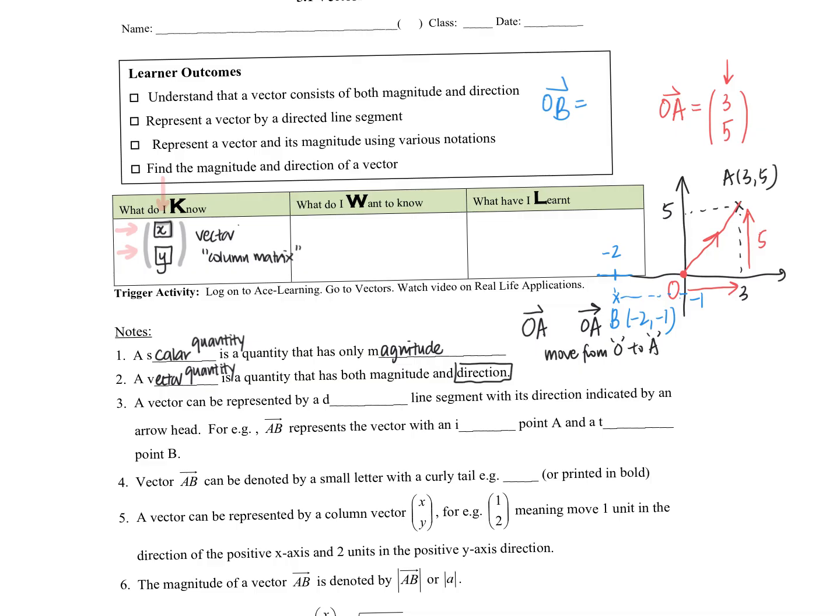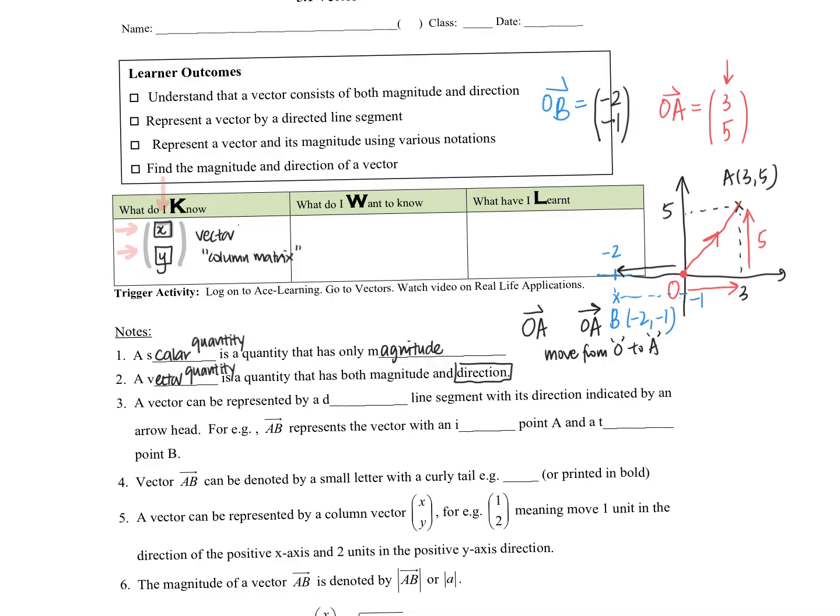So I need to move in the X direction 2 units to the left. So when I write minus 2 units, it's going minus 2. Okay, and then I need to move down by 1 unit, so minus 1. So the number tells you how to move your vectors. Okay, so it has a direction.